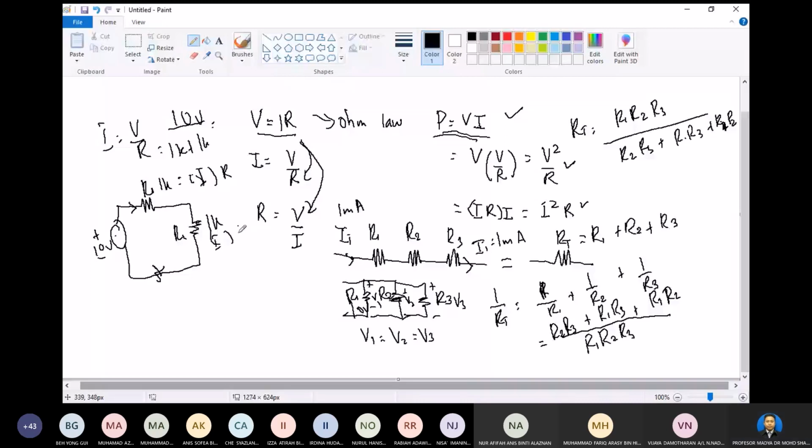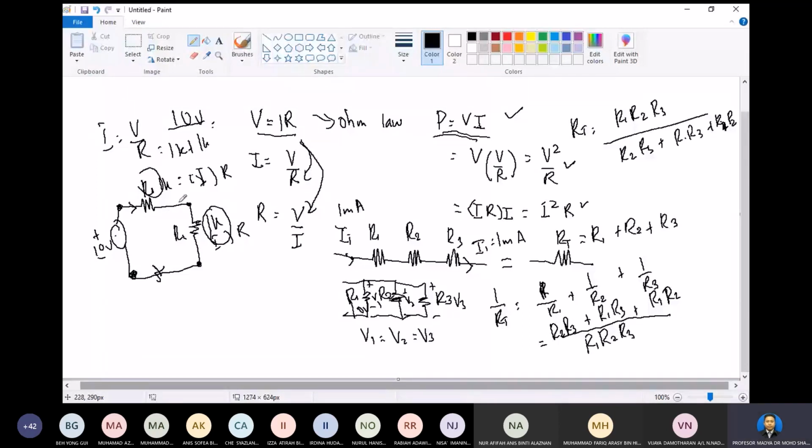But this is not the same for this connection. The voltage here will be the same as the voltage of this one plus this one. That's how we can get the voltage in parallel.